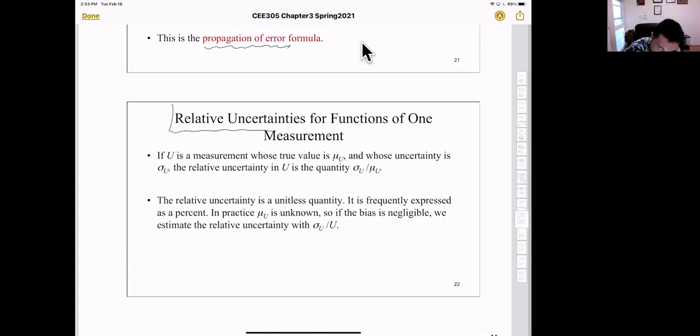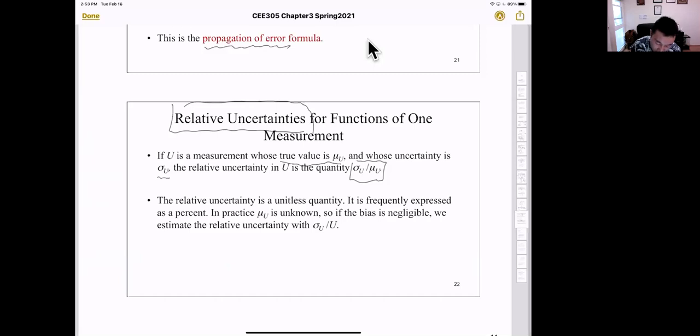Here we talk about relative uncertainty, for a function of one measurement. If U is the measurement, whose true value is mu U, and the uncertainty is sigma U, then the relative uncertainty is sigma U over mu U. Because this is the ratio of sigma and mu, this quantity has no unit.